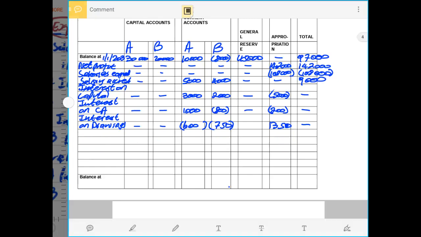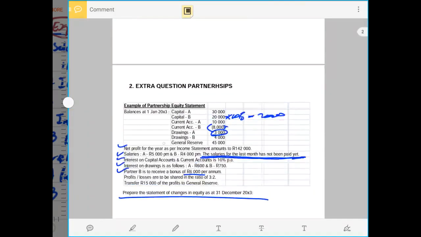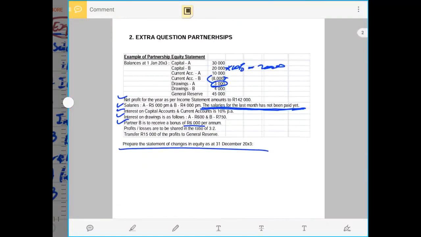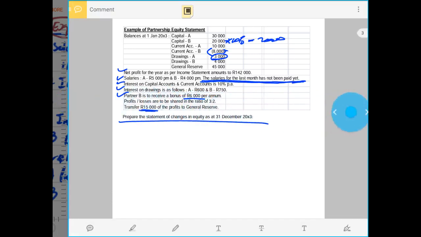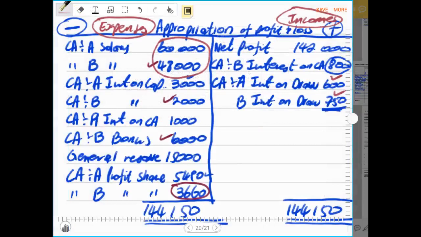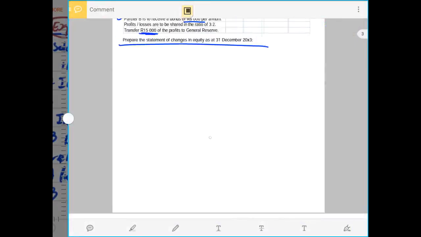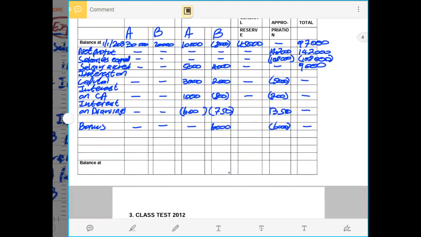Then after we have accounted for that, we check for the next one. The next one is the transfer of 15,000 to the general reserve. Then we have to consider the profit share, the transfer of profit and loss to the general reserve. We have accounted for that.